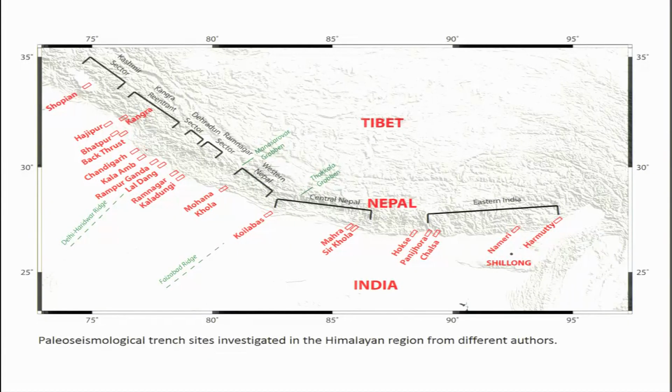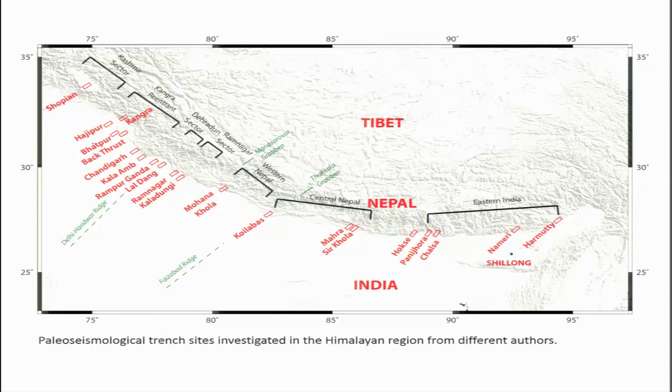So a pretty good number of trenches were dug across the fault scarps in Himalaya, and what we found was that there is an overlap in ages, because we try to find out the ages of the different layers which are displaced layers, and try to understand when was the event during the historic past, or maybe before that also.